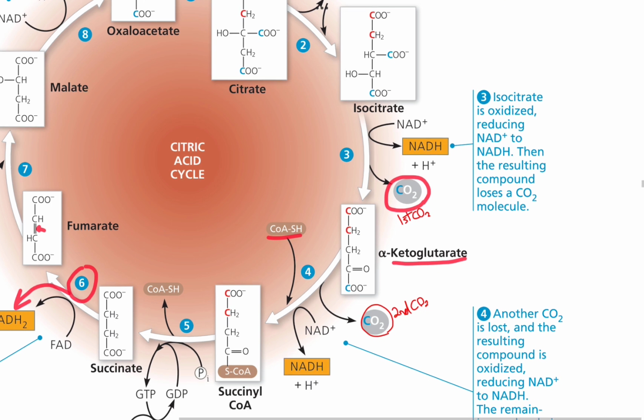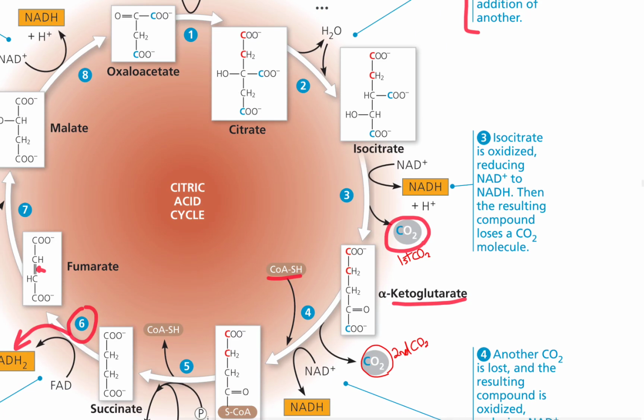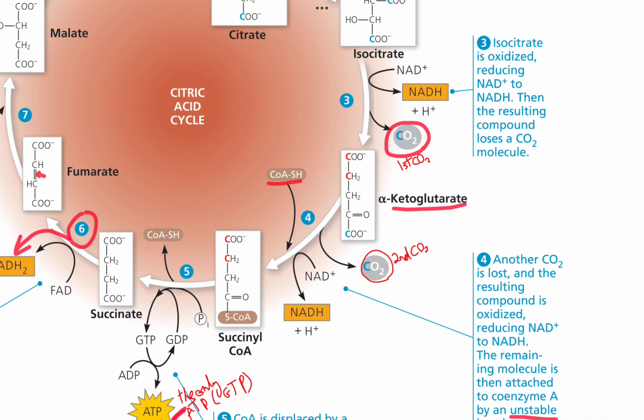So now we know for sure that the blue carbons that came from oxaloacetate will be ejected as CO2. Up till the succinyl coenzyme A, which is after the fourth step, we no longer have blue carbons. They became part of the CO2, and the carbons from the acetyl coenzyme A are still present, still tracked.